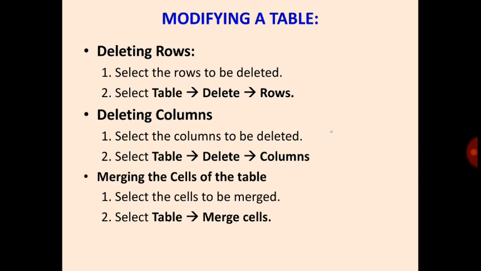If you want to delete a row, it is simply done by selecting the rows to be deleted and then selecting table, delete and rows option. Similarly, to delete a column, we select the columns to be deleted, and then we go to table, choose delete and then columns.